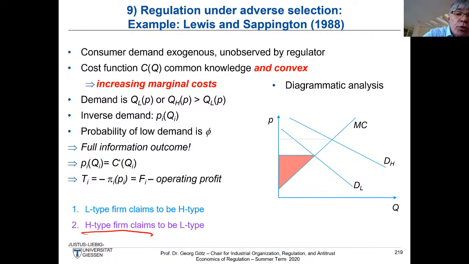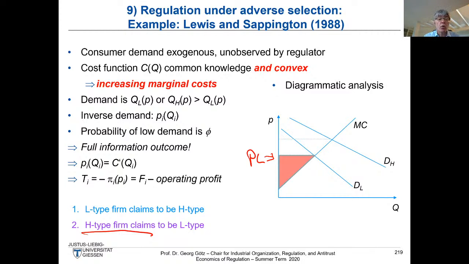Of course, for the low type, the regulator will prescribe a price PL where price equals marginal cost, and similarly, this red area is the transfer or the tax the firm has to pay. It receives a transfer equal to the fixed cost minus these operating profits it makes.